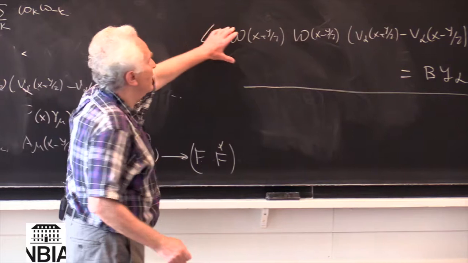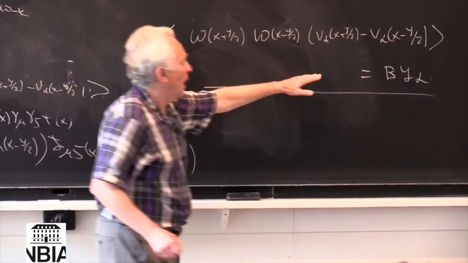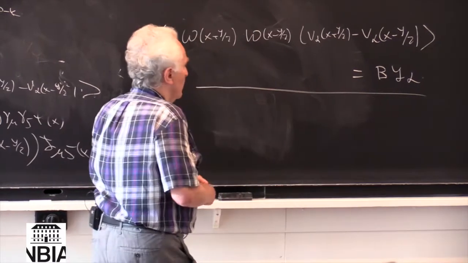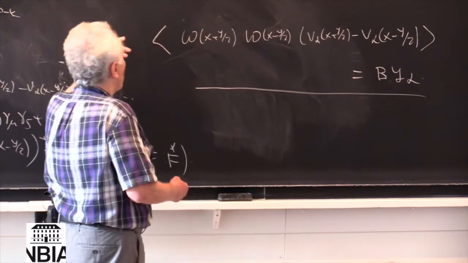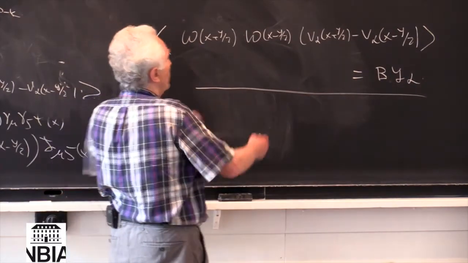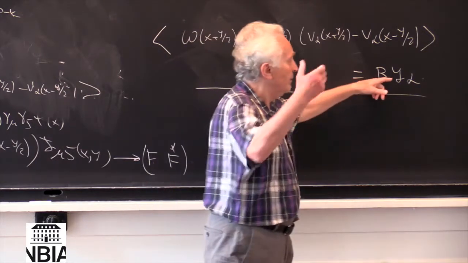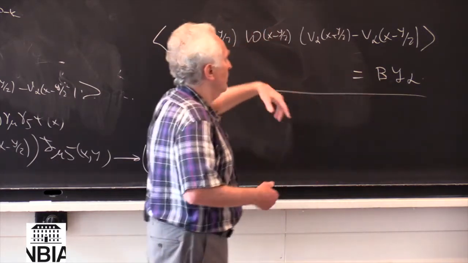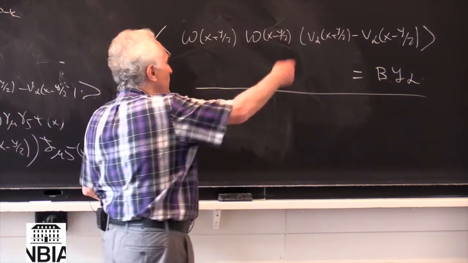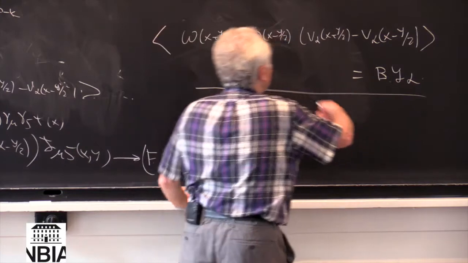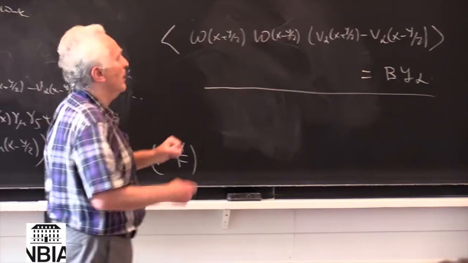So that's the flux equation, which tells you that certain three-point functions depend linearly on y, and which actually means that you have a constant flux in the momentum space, because y in momentum space becomes a derivative with respect to p, and you can actually rewrite it as a flux in the momentum space.